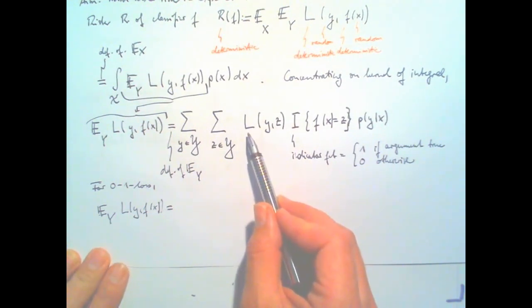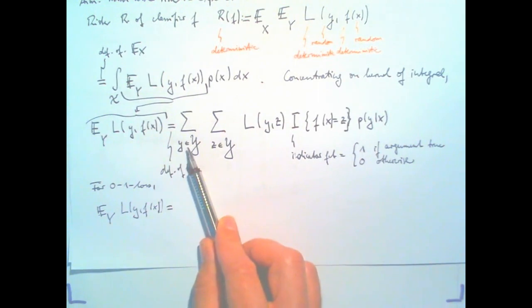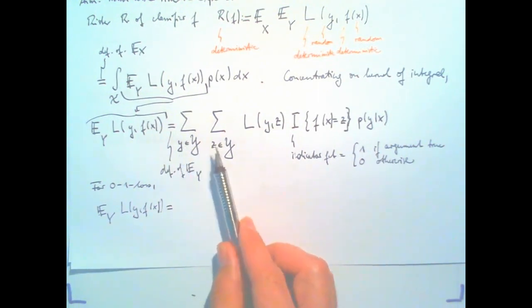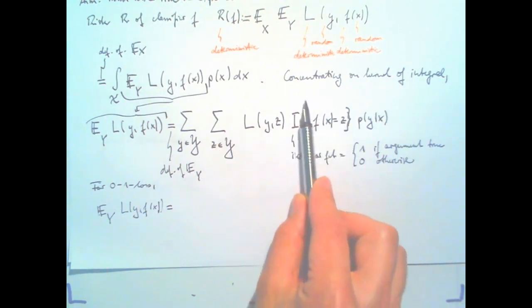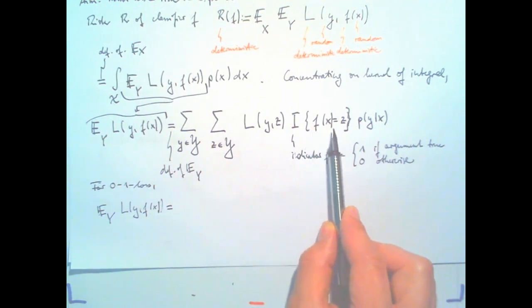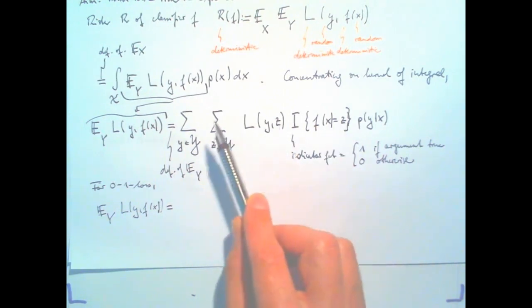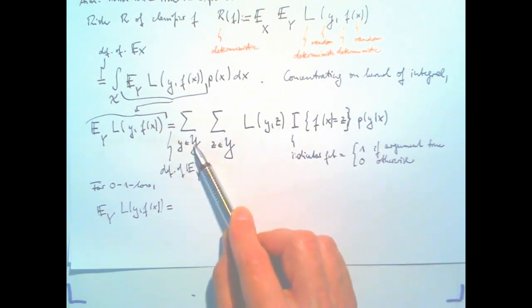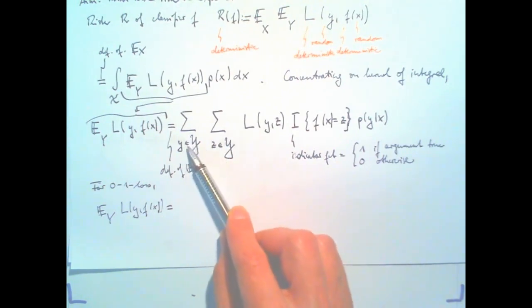So in this equation here, this is a summation of many terms, right? My indicator function here only lets survive the class Z that I predicted. And in this summation, if I use that loss function, the only terms that will survive are the wrong predictions, so all Y different from Z.